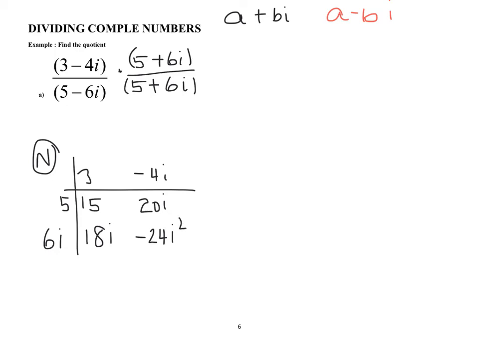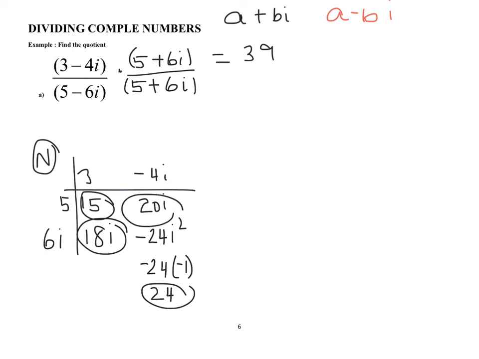But since we know i squared is negative 1, this is negative 24 multiplied by negative 1, so it's 24. We combine that with 15, so we get 39. And then let's put the i together, so that becomes 38i.